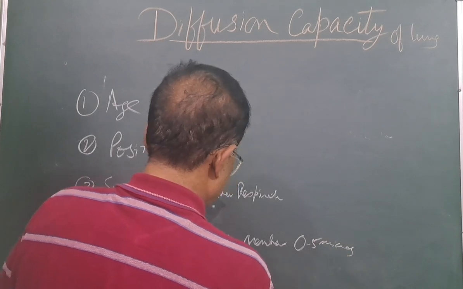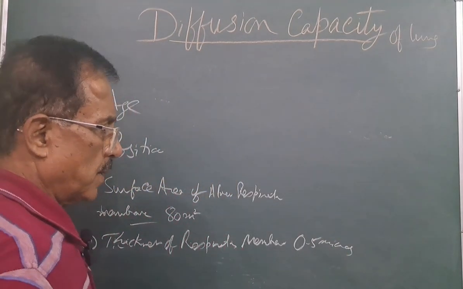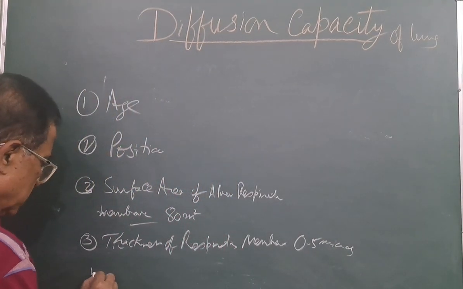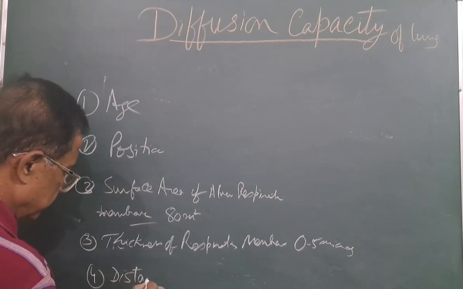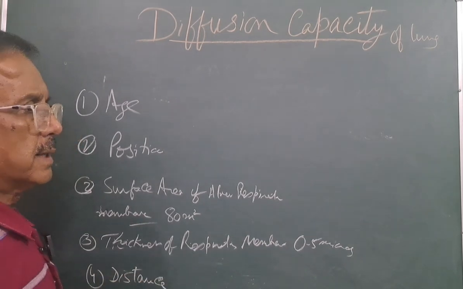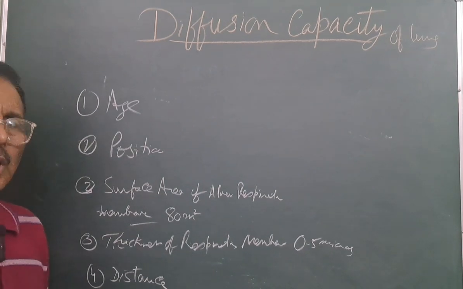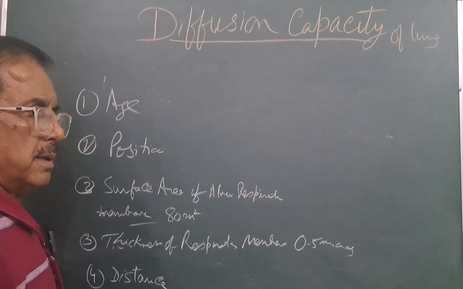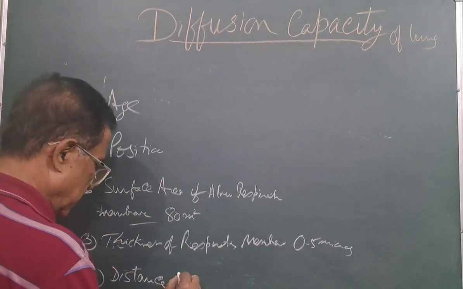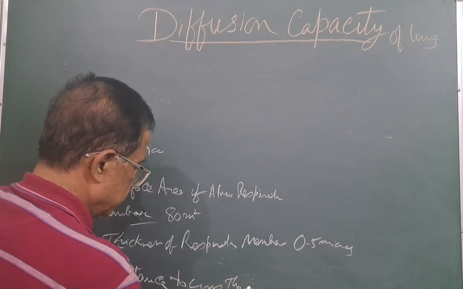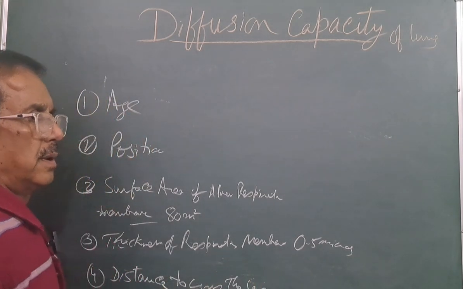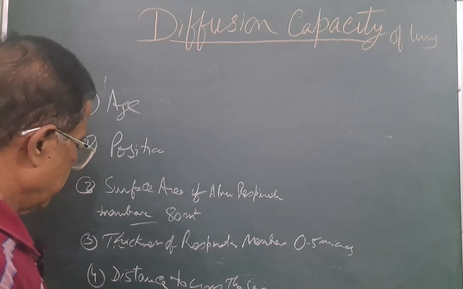It may become thick. Then fourth is distance to cross the gas, so that diffusion may occur.